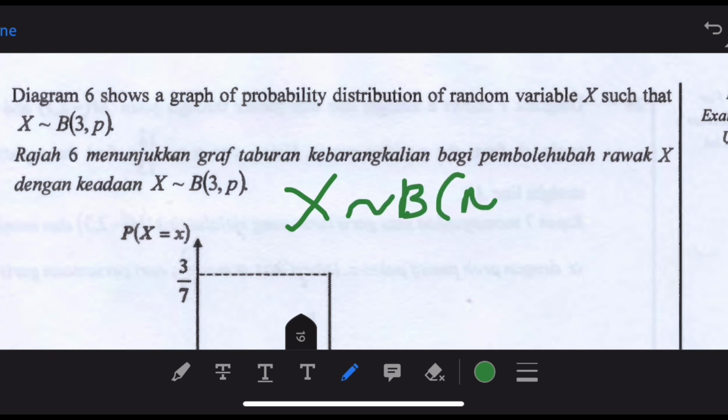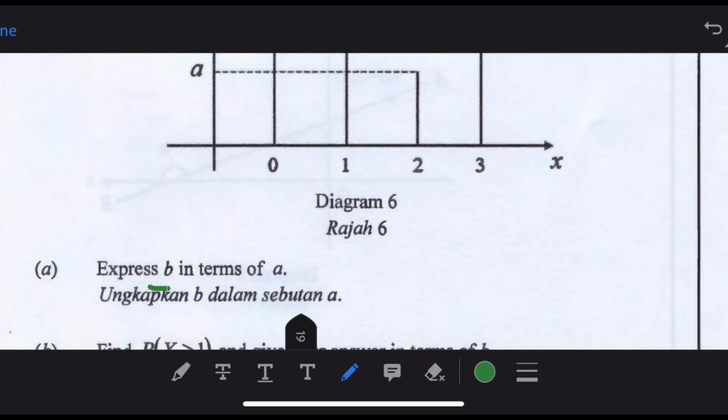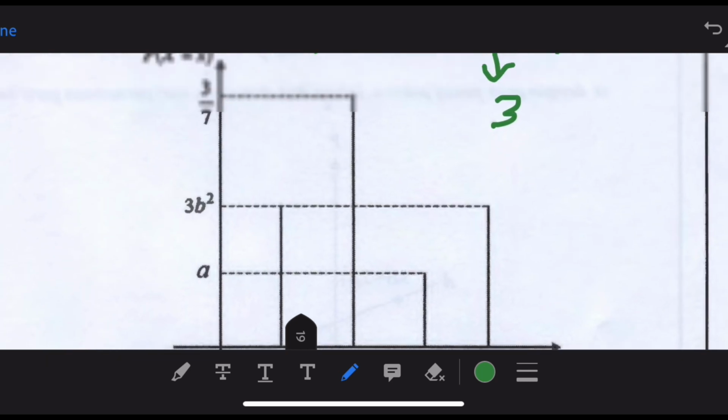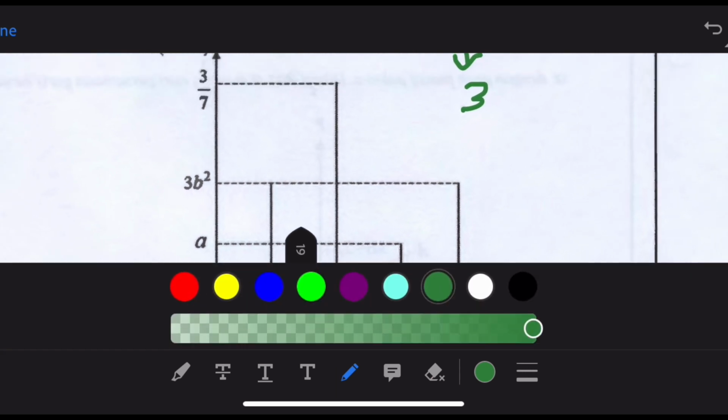So when you write, the formula is binomial n, p, it means the n is 3. So then you have to find all the value of the probability from the graph given. So the value that you find should be equal to 1, because the probability value should be equal to 1.